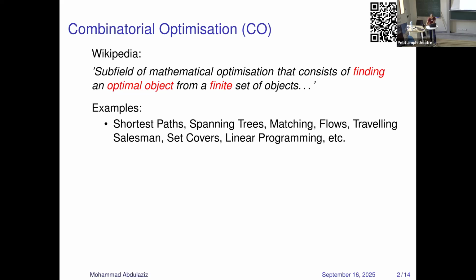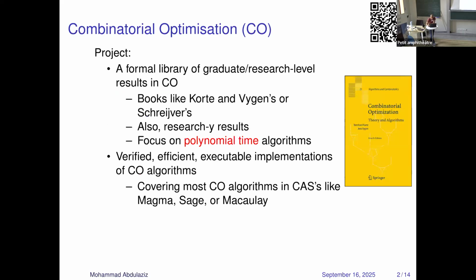Example problems are finding a shortest path in a graph, finding a minimum weight or maximum weight spanning tree, computing a matching in a graph, flows, and many other problems that you're all aware of. So this is the meaning of combinatorial optimization: you try to find a solution from a finite set of possible candidates.